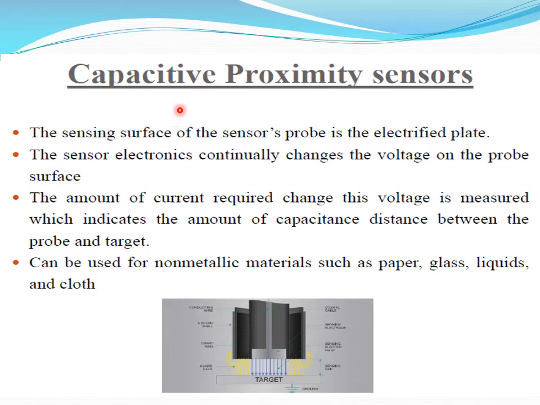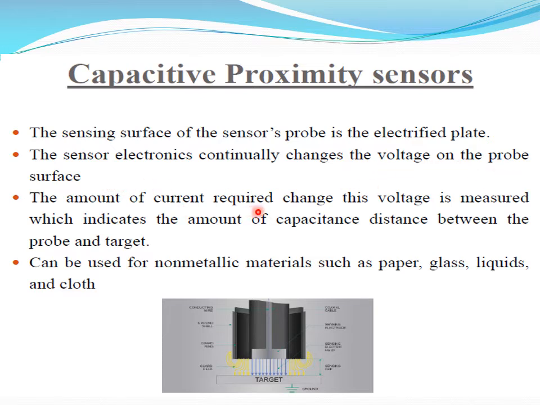So, now we come to the capacitive type proximity sensors. Basically, these capacitive type proximity sensors are used where we are having objects in non-conductive type of material. The sensing surface of the sensor probe is an electrified plate. The sensor electronics continually change the voltage in the probe surface.